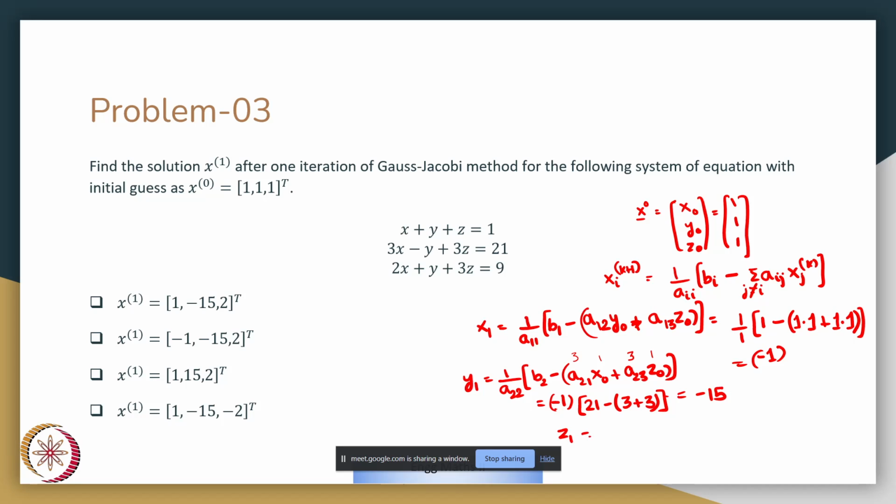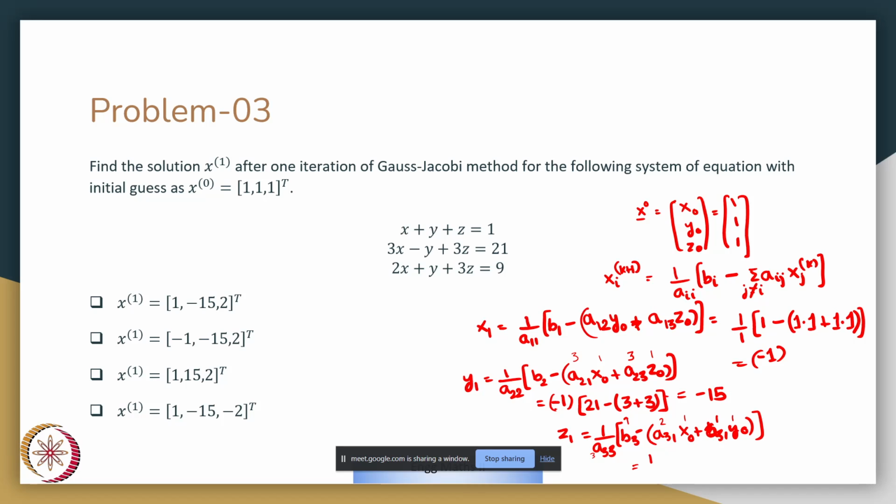Similarly z1 is 1 by a33 times b3 minus a31 x0 plus a32 y0. Here a31 is 1, x0 is 1, a32 is again 1, y0 is 1, b3 is 9, a33 is 3.